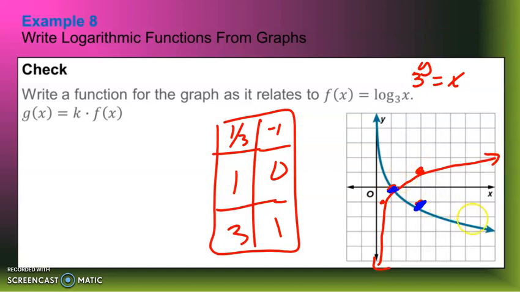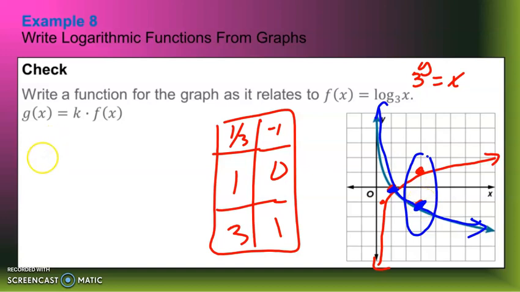So this other one should go like this. Now, if you look, the only thing that changes is really this point; the x-intercept is the same. So to go from a positive 1 to a negative 1, there has to be a reflection.